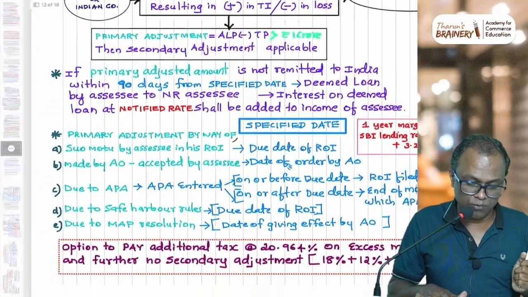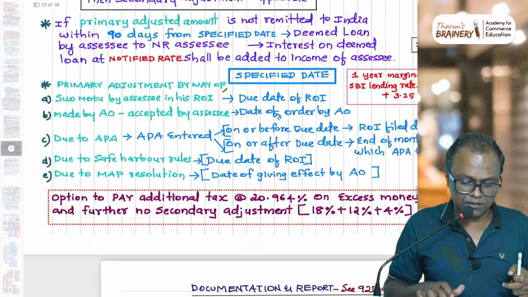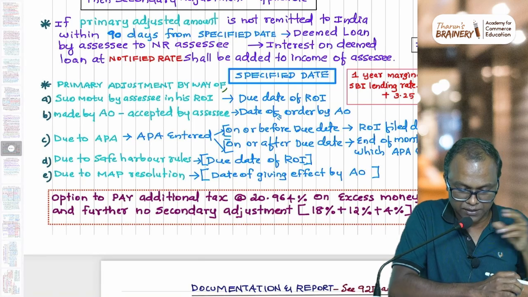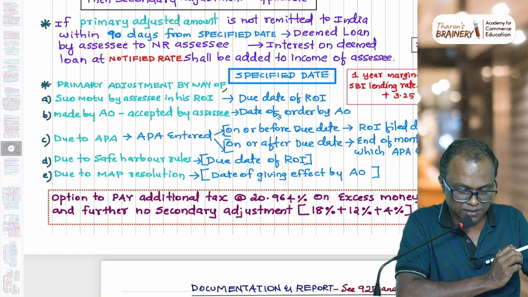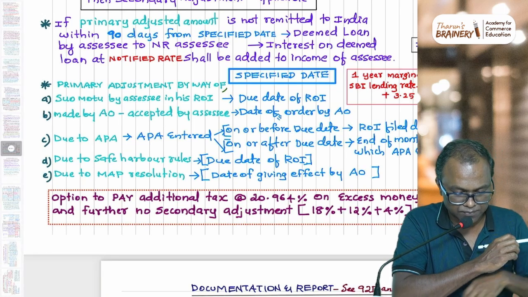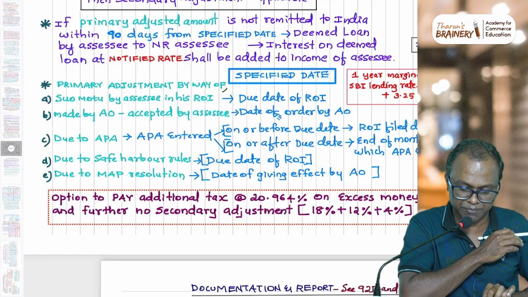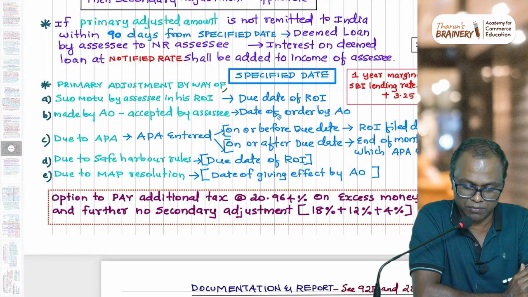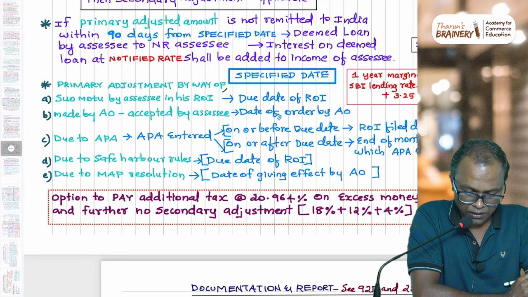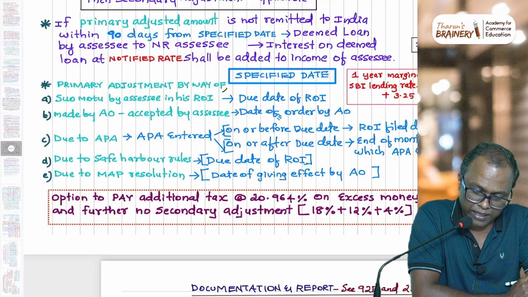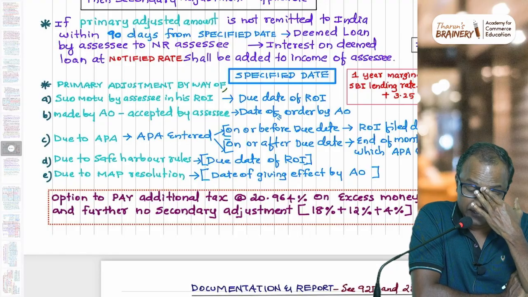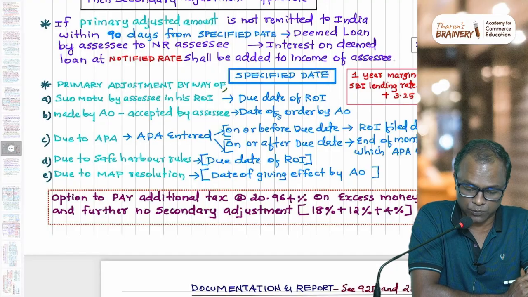How do primary adjustments happen? Number one, transfer pricing adjustment where income is increased suo motu by the assessee. The assessee himself is declaring, this is my ALP, actually this is my transfer pricing, I am making the increase, suo motu in his return of income. Or sometimes based on a transfer pricing adjustment made by the assessing officer and accepted by the assessee, who does not have any dispute.